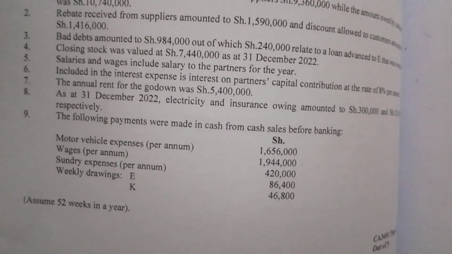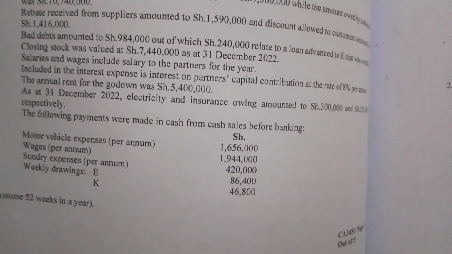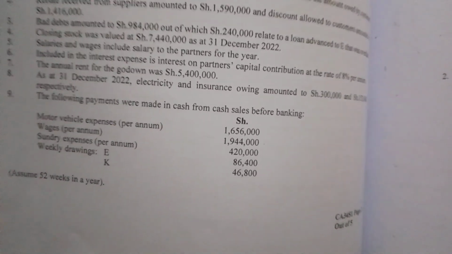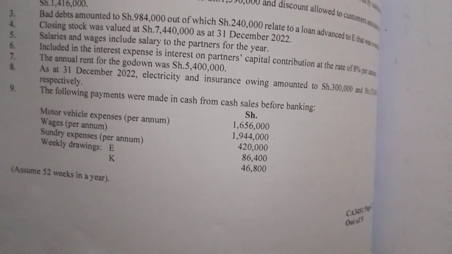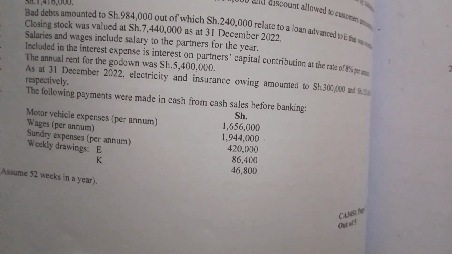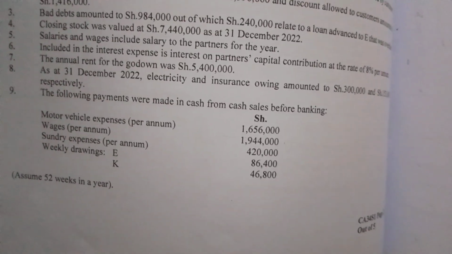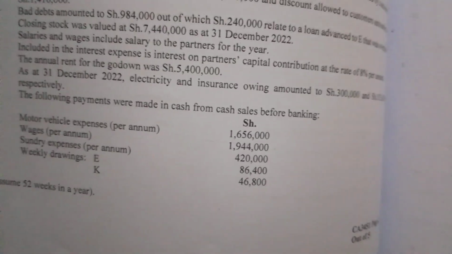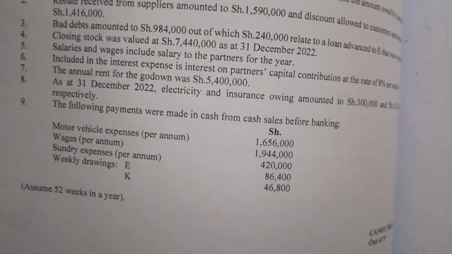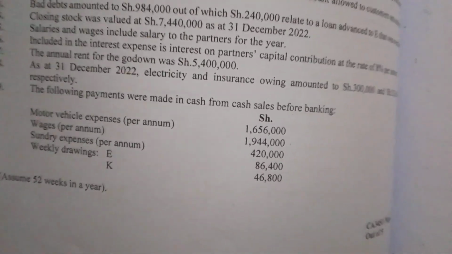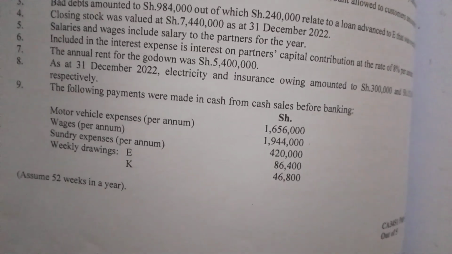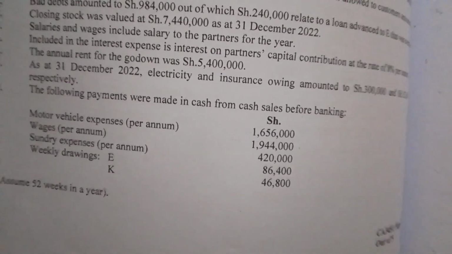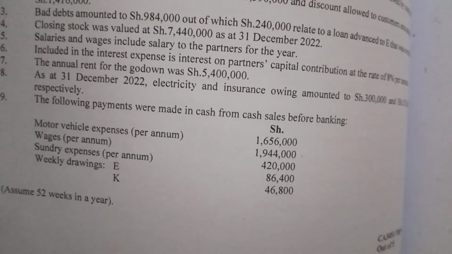Number five, salaries and wages included salary to the partners for the year. I'll show you that. We have to separate these salaries and wages because salaries to employees are allowable expenses, while salaries and wages to partners are disallowable, and they must appear in the partnership allocation schedule.